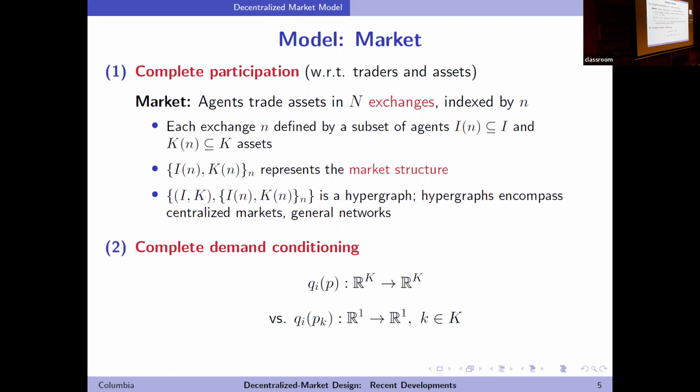You might say, even if I cannot condition my demands for an asset on a contemporaneous price of another asset, nobody can prohibit me from conditioning my demand on past prices of any asset from any exchange, as long as these prices are observable.